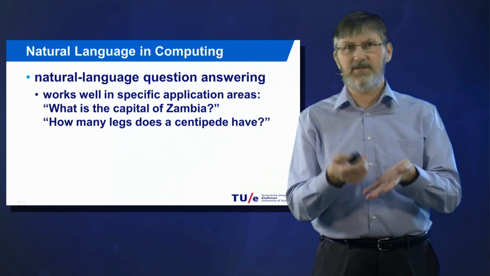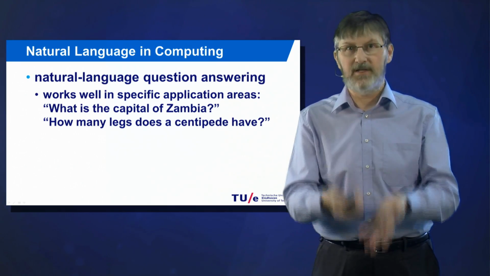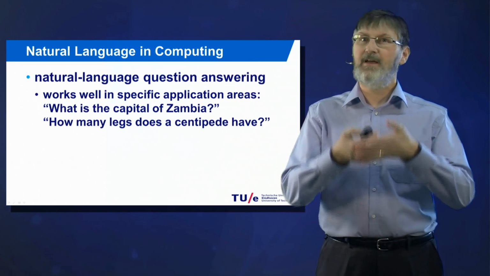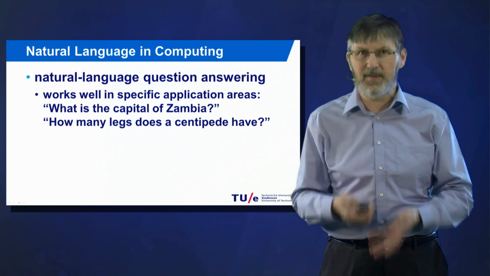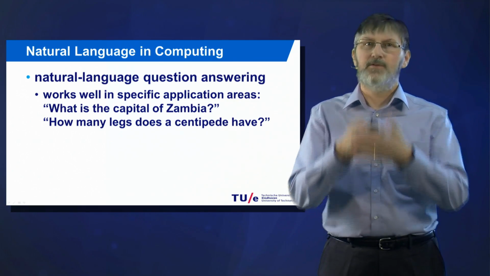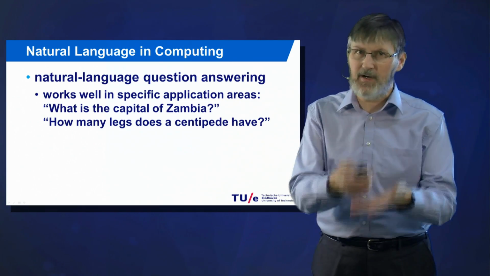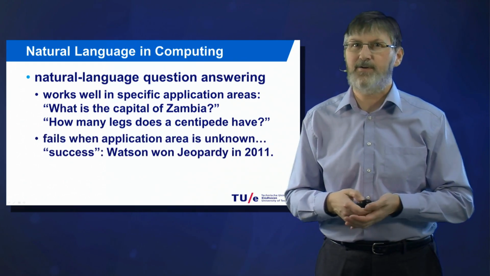When you ask this question to Google, the answer is a list of websites, because everything you ask to Google results in a list of websites. And in fact, you will be guided towards a website that will explain that the centipedes generally do not have 100 legs.